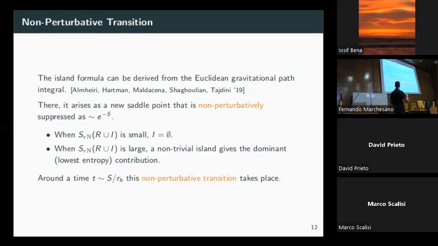But when the von Neumann entropy between region R and I becomes large, then there can be a non-trivial island that gives the dominant contribution. And it's precisely around this time scale, where R_H is the horizon scale, that this non-perturbative transition can take place. So this is really a non-perturbative correction to semi-classical physics.